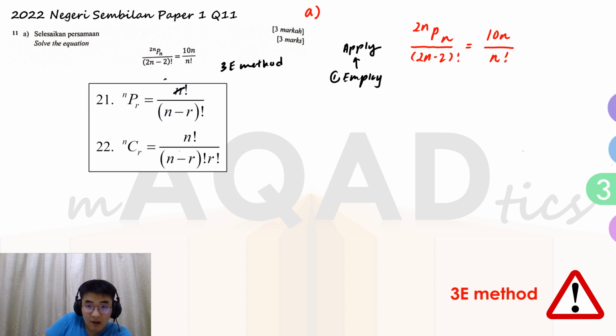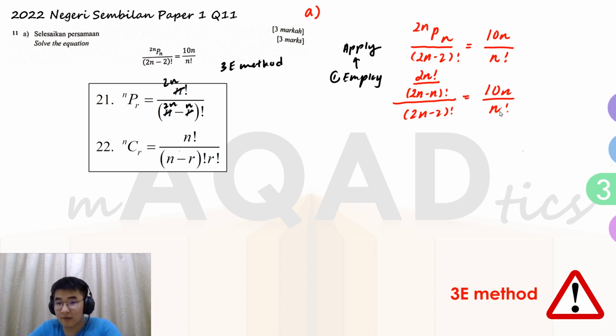If we change n to 2n and r to n, this would be our result. For the other things, it doesn't change. Now we can further simplify this, so it will become n, and here I can move it to the top, so it will be at the denominator of this fraction. It will be something like this.